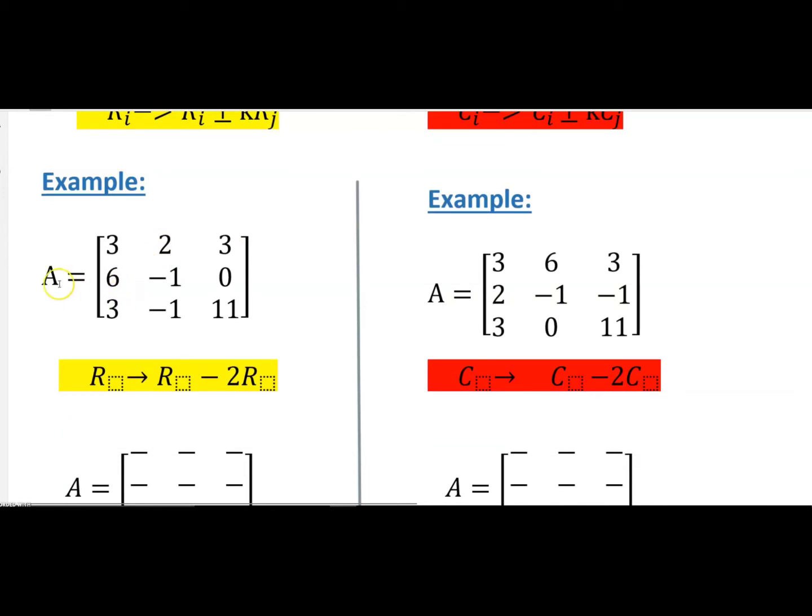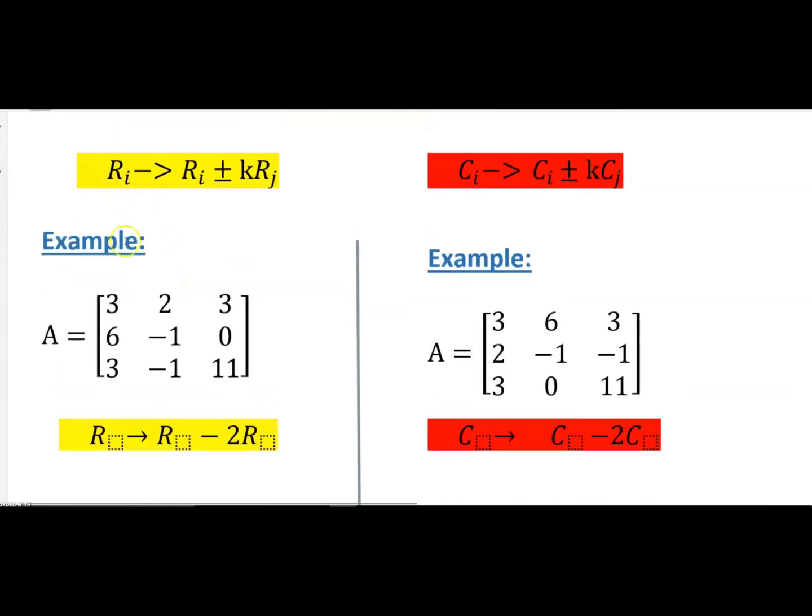This is a matrix A, and now I am applying the operation here according to this, right? So I am taking i as 2, and whatever row I have written here, only that row will be changed, not the other ones. So I'm just writing here R2 minus 2 R1. Why have I written this?